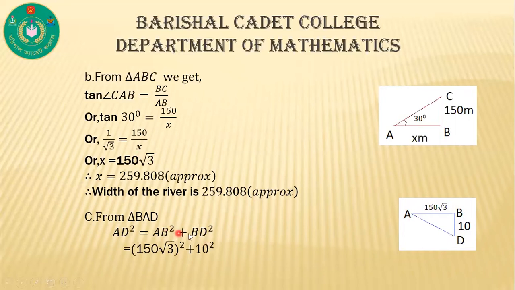Now putting the value of AB and BD, here AB is equal to 150 root 3 and BD is equal to 10. Therefore, AD is equal to root 67500 plus 100, which is equal to 260.